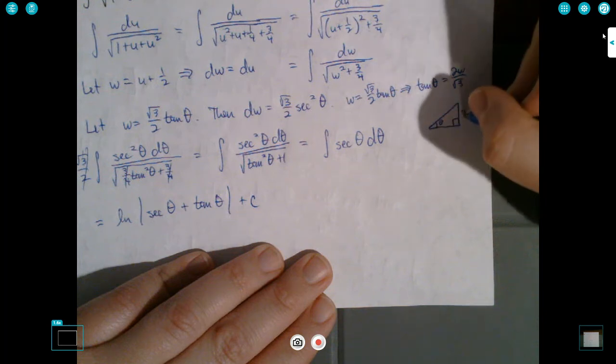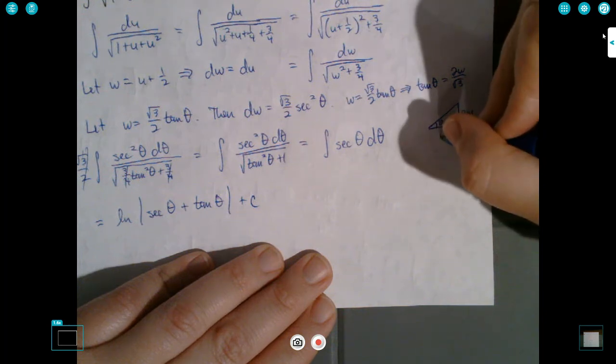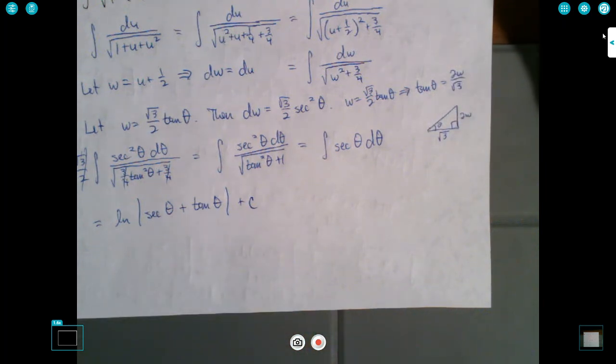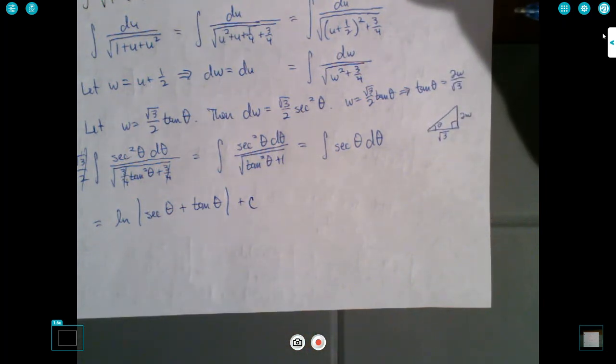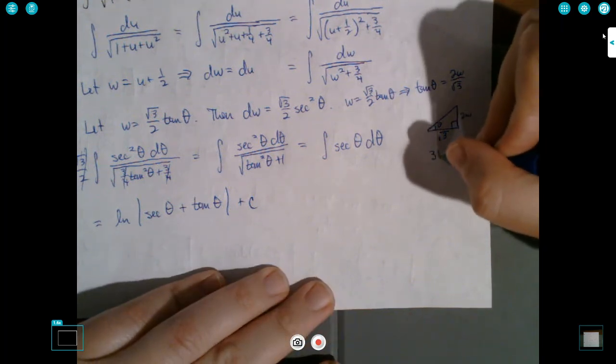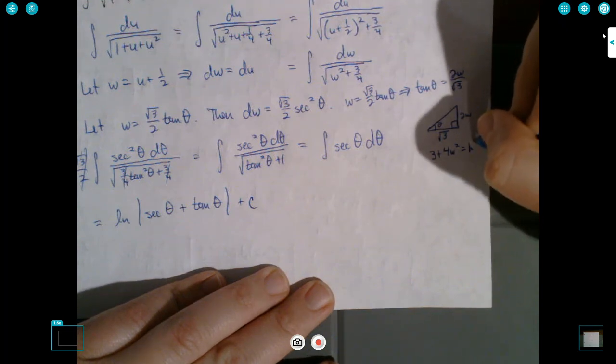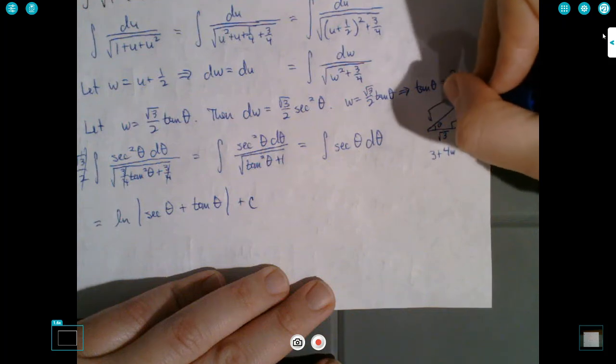So tangent theta is opposite over adjacent. We can solve for the hypotenuse. So we say 3 plus 4w squared equals h squared. So h is the square root of 3 plus 4w squared.